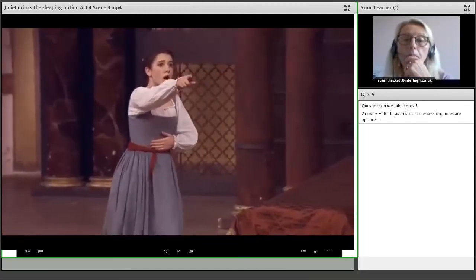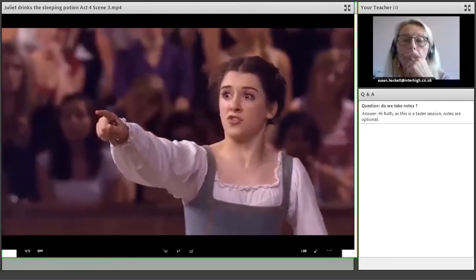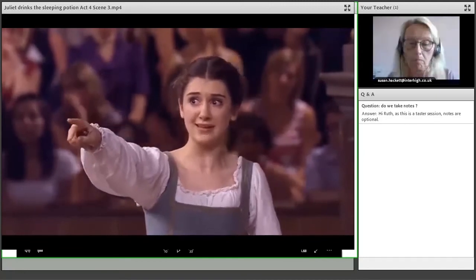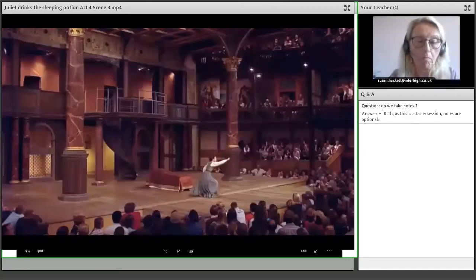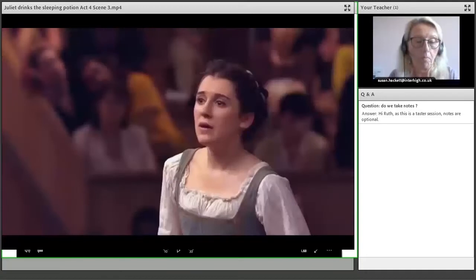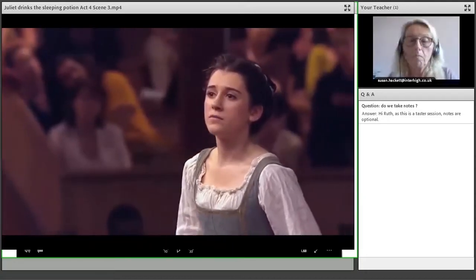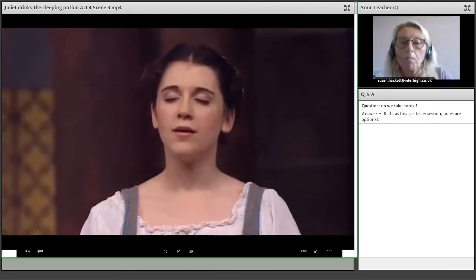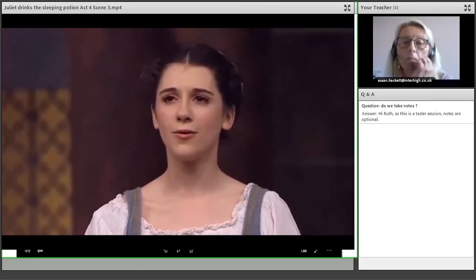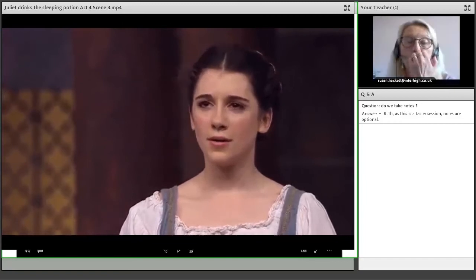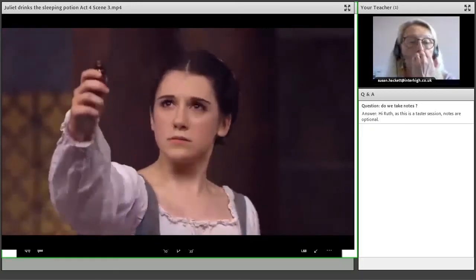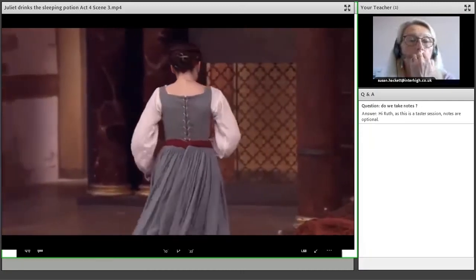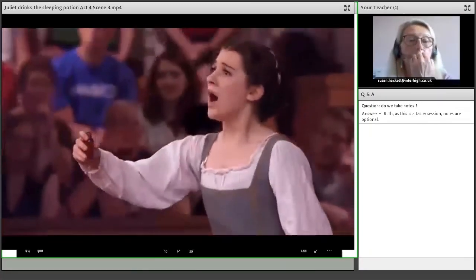Oh, look, methinks I see my cousin's ghost seeking out Romeo that did spit his body upon a rapier's point. Stay, Tybalt, stay! Romeo. Romeo. Romeo. Here's drink. I drink to thee.